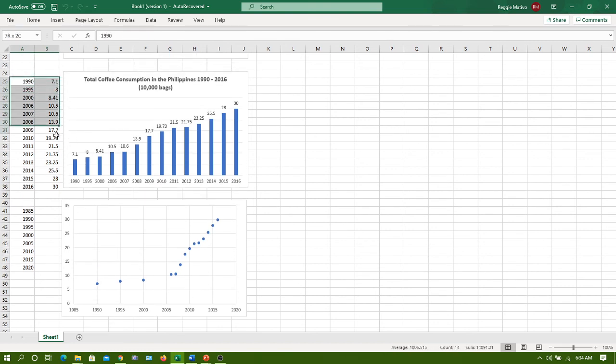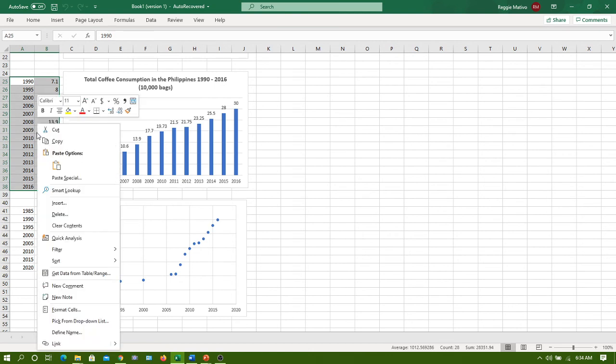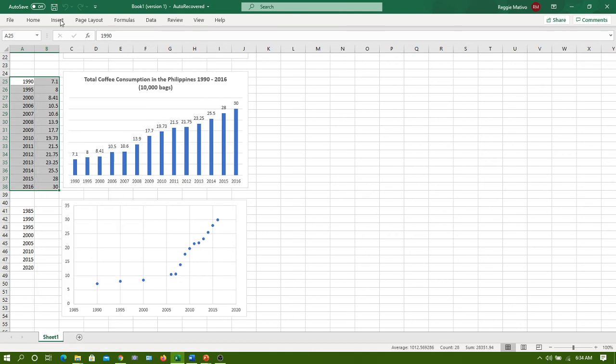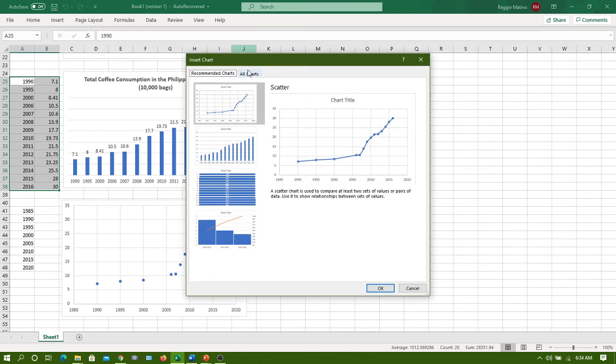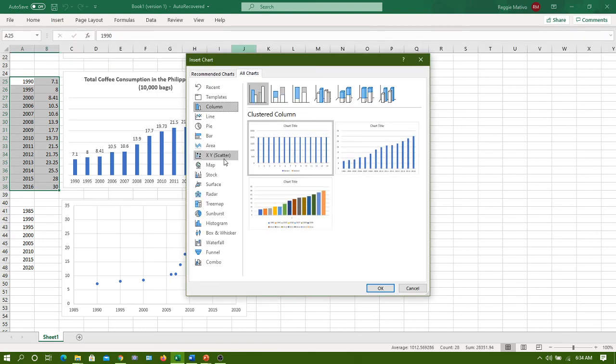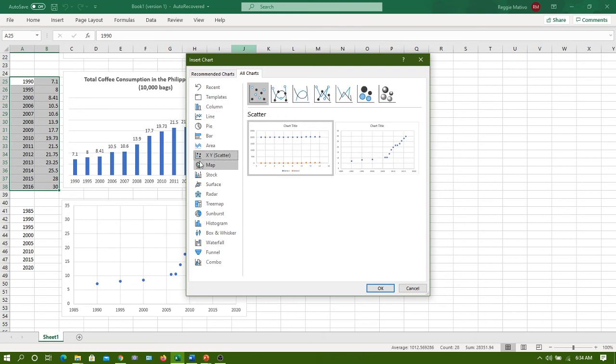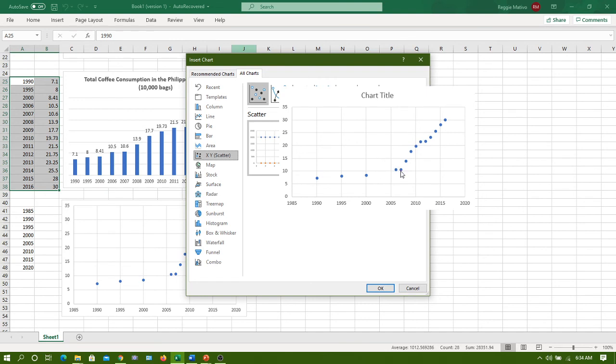From this, you just highlight and then insert. You can use recommended charts and all charts, and you can use this XY scatter. When you click that, it will automatically give you the chart.